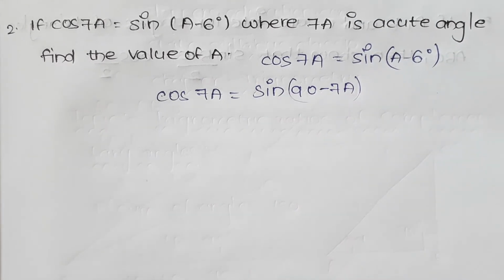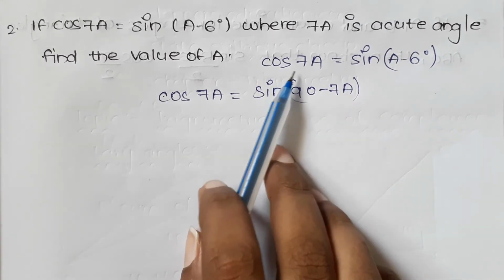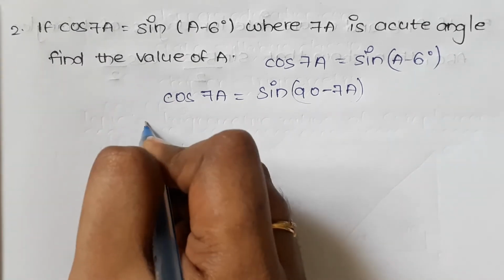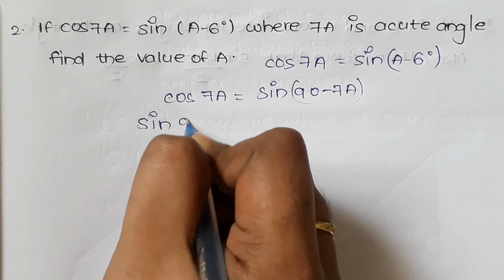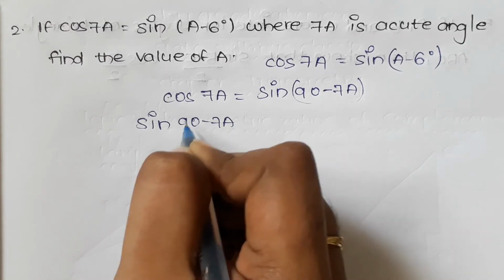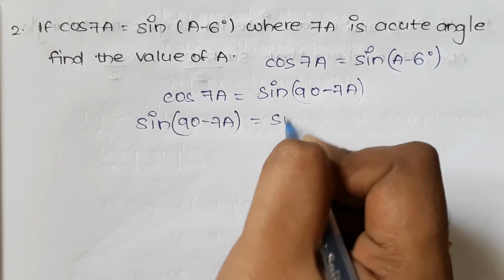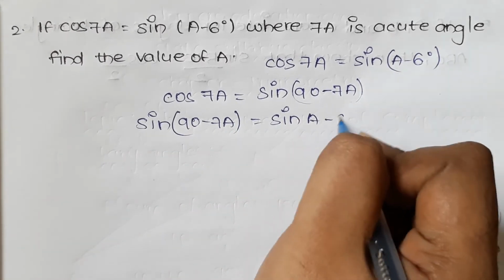In place of cos 7A let us keep this, that is, sine of 90 minus 7A equals sine of A minus 6.